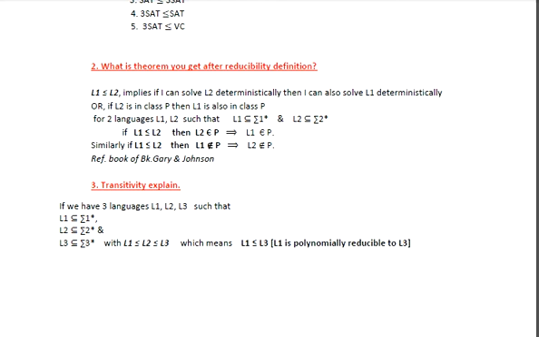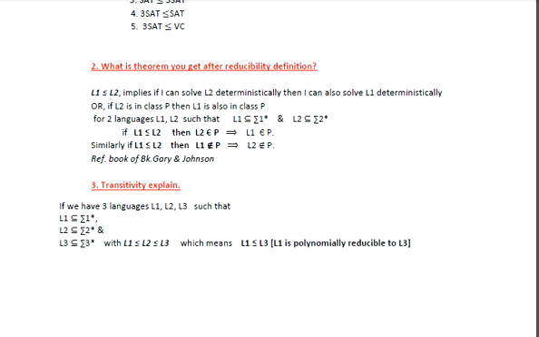Consider two languages, L1 and L2, such that L1 is a subset of sigma 1 star, where sigma 1 star is the input of a Turing machine, and L2 is a subset of sigma 2 star, which we get from another deterministic Turing machine, M2.